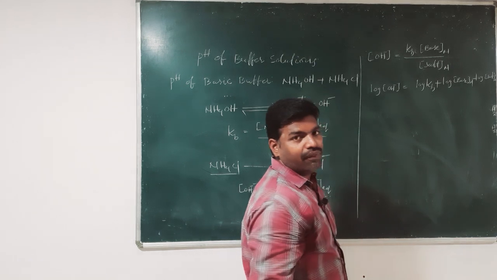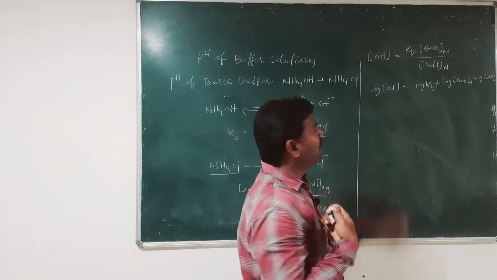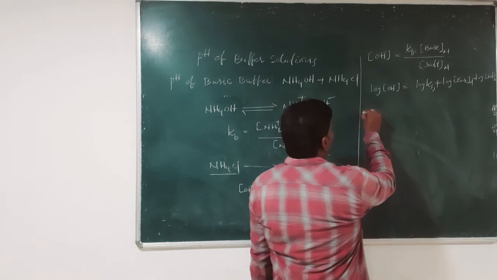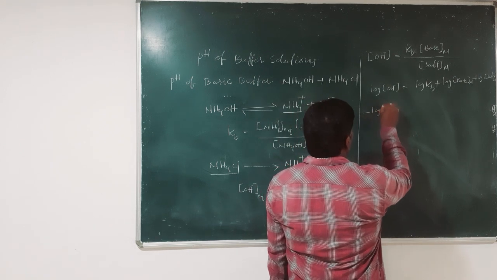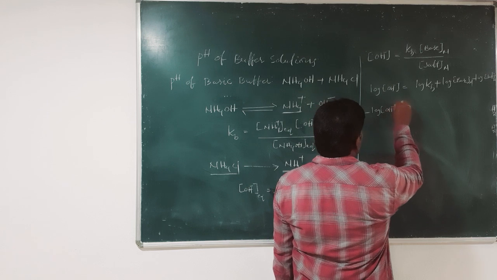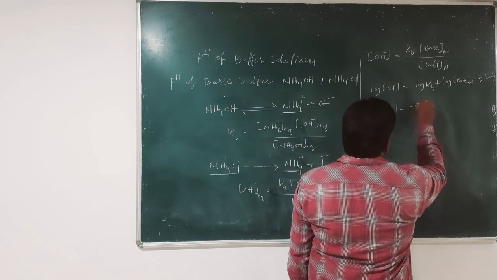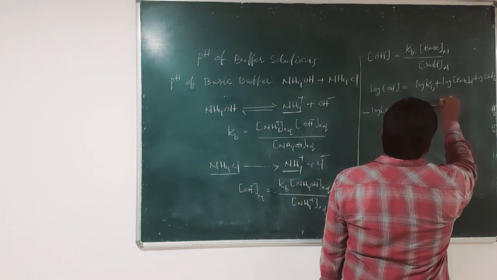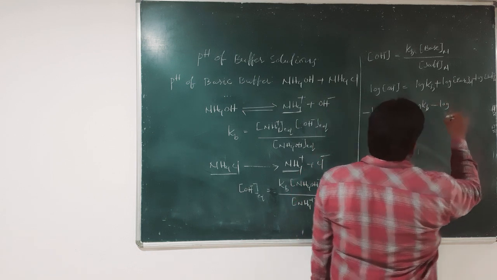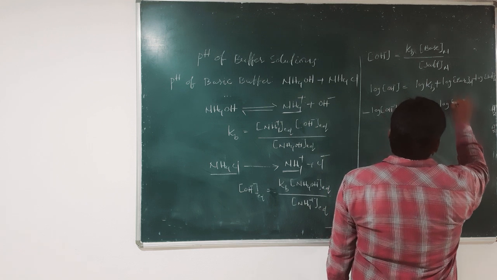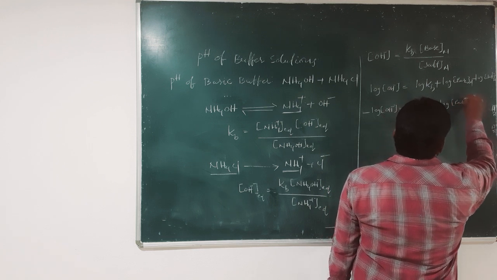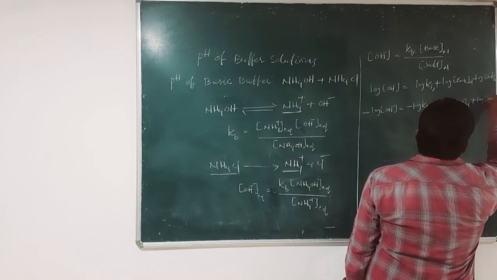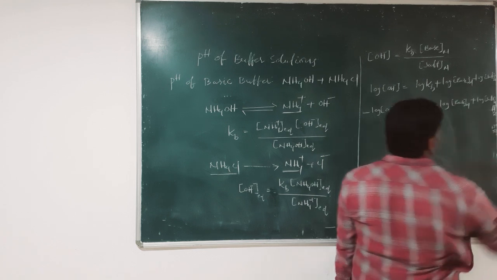Okay, for the sake of convenience, I shall multiply the whole equation with the negative sign, that is, negative logarithm of the concentration of OH minus ions is equal to negative logarithm of Kb minus log concentration of base plus log concentration of salt.